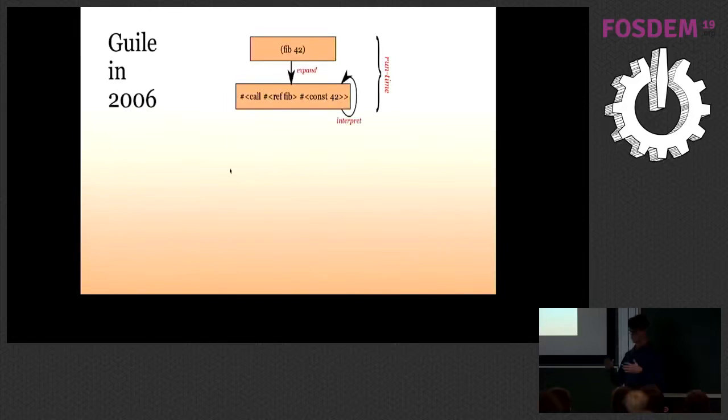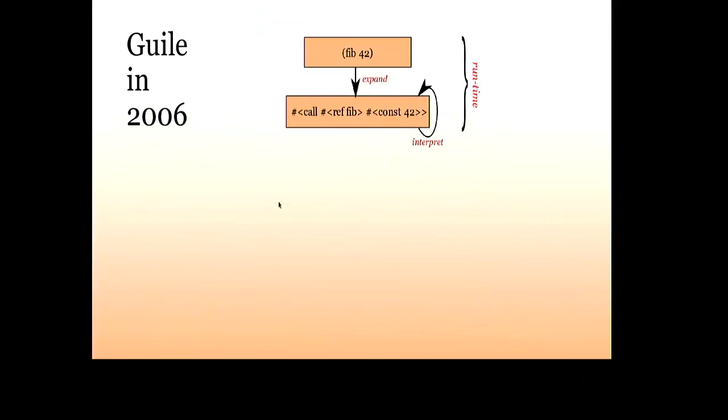To give you a sense, I know that there's some small text here, Guile in 2006, which is about Guile 1.8, 1.6 at this time, you have your Scheme source code on the top, and what would happen is at runtime, you always start from the source code. You would never cache any kind of compiled analysis about what your source code was.